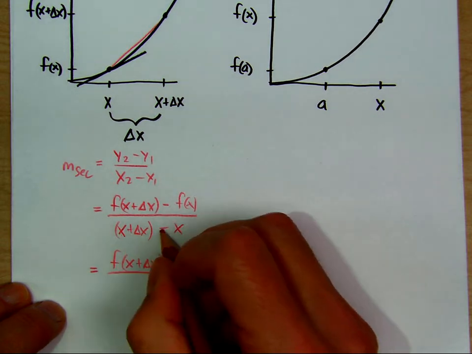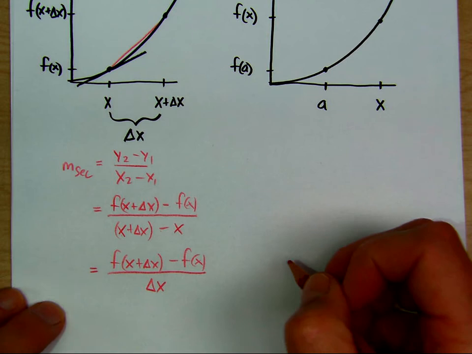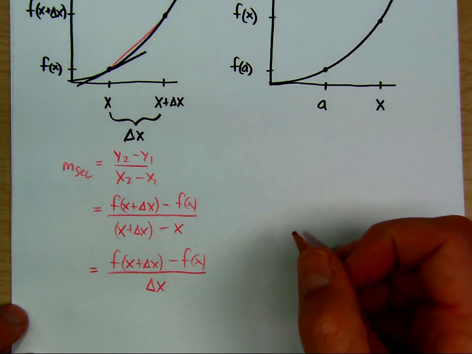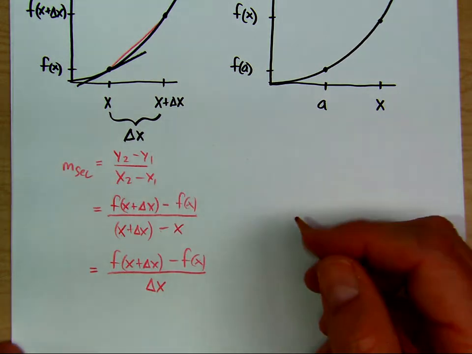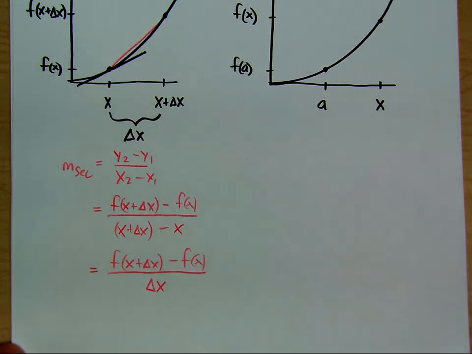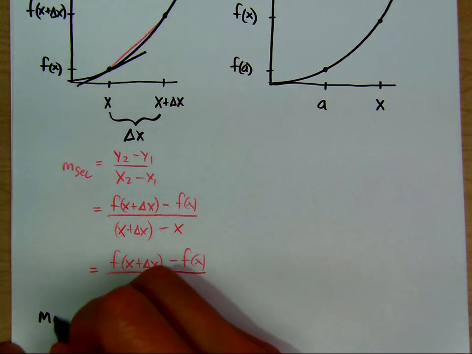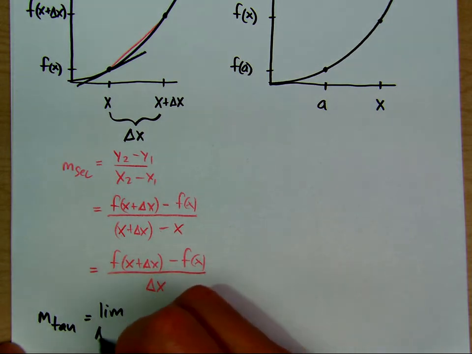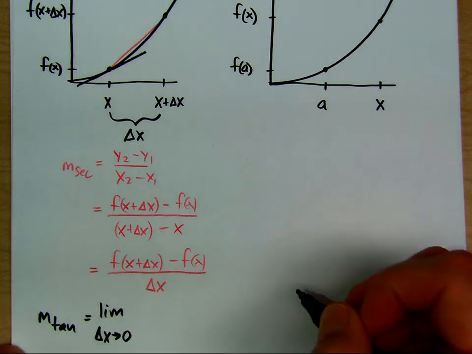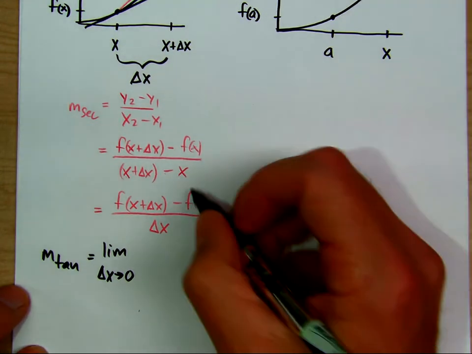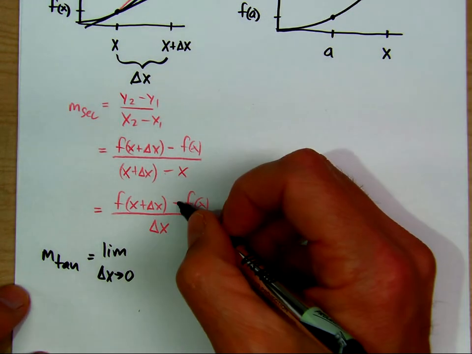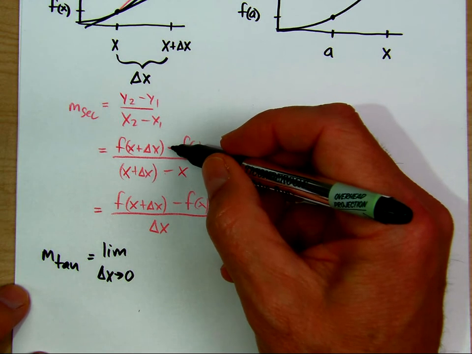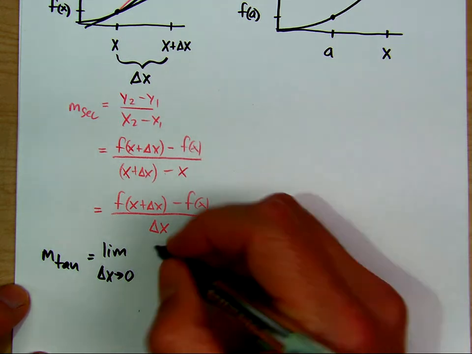X minus x is 0, and we just have delta x. Alright, that's the slope of a secant line. So then the slope of a tangent line is just going to be the limit as delta x goes to 0 of this difference quotient. They call it a difference quotient because we have two differences.